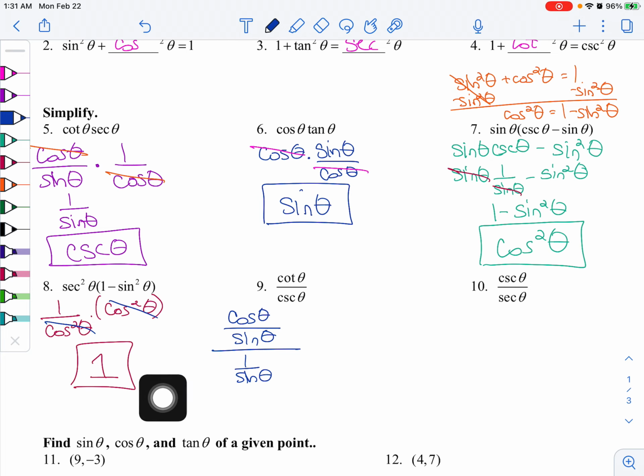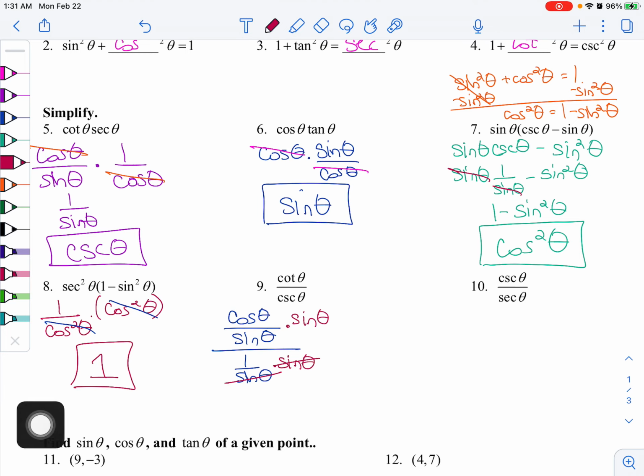This is all a bunch of division. So cosine theta divided by sine theta, all divided by 1 over sine theta. So to get rid of this denominator of 1 over sine theta, I'm going to multiply by its reciprocal, which is just sine of theta.